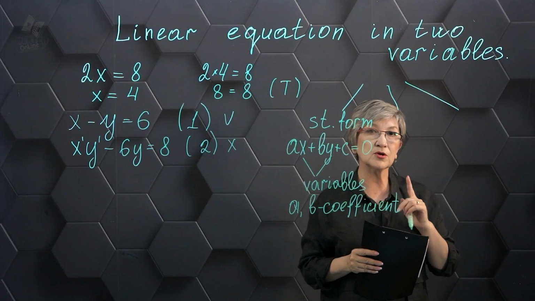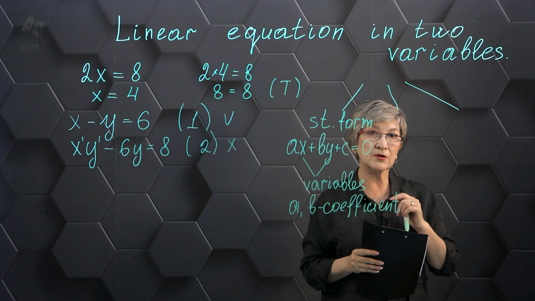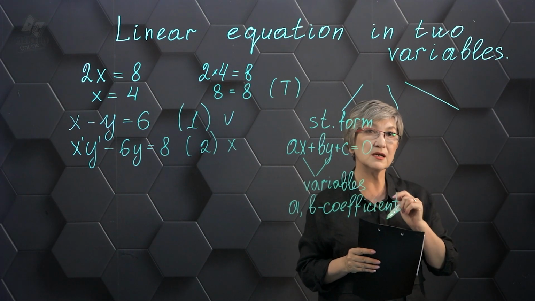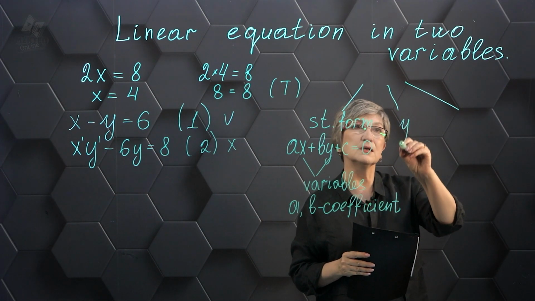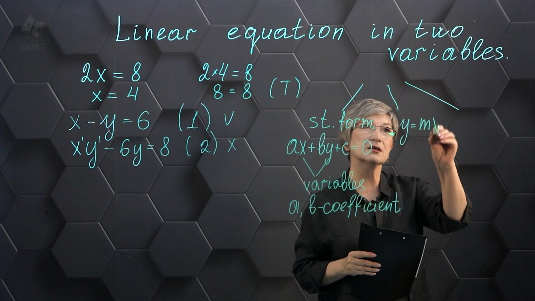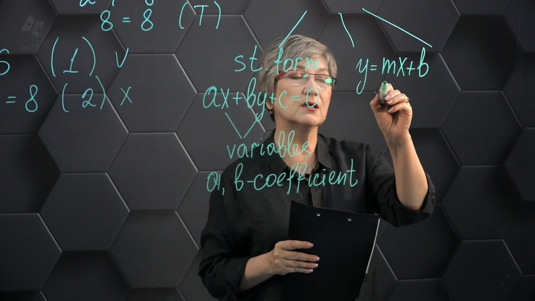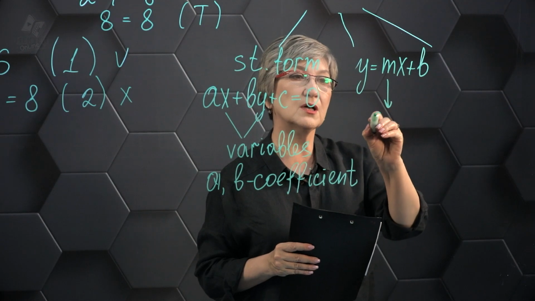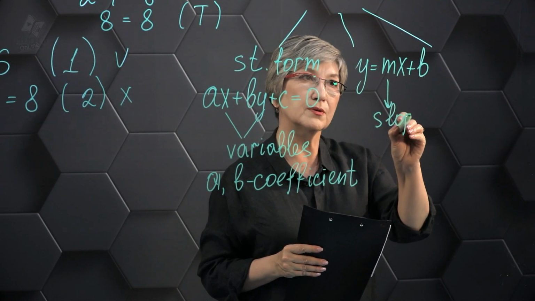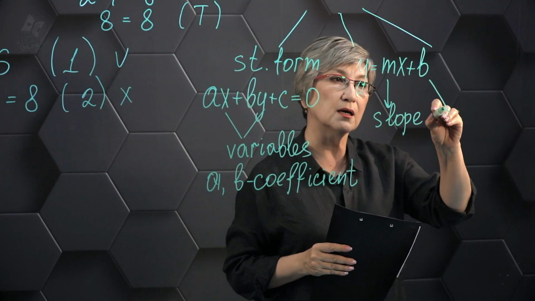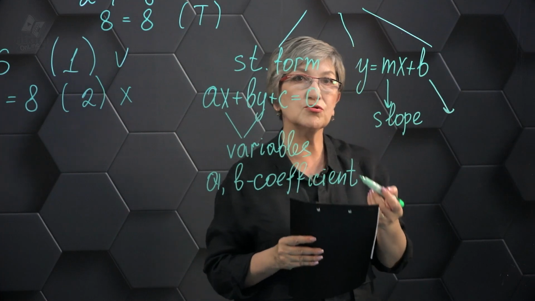The second form in which a linear equation with two variables can be written is the following form: y equals mx plus b. In this case, our m will denote the slope, and b is the y-intercept.